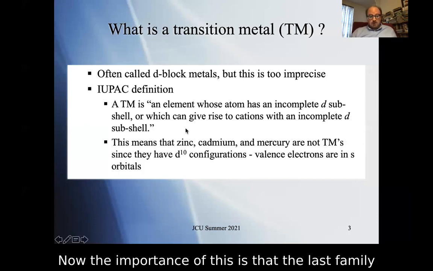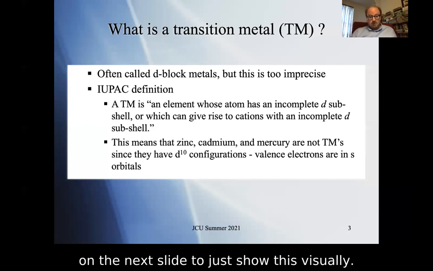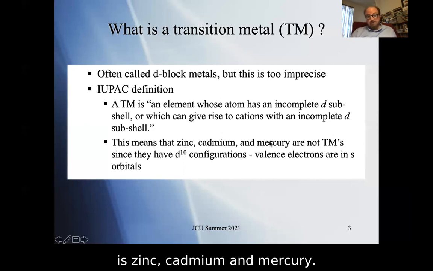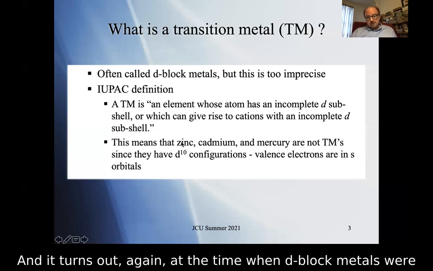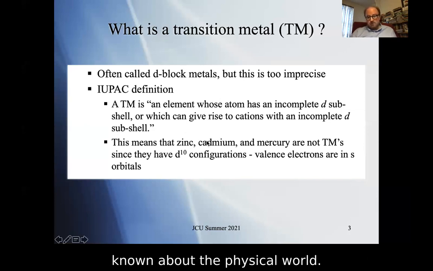Now, the importance of this is that the last family of the d block, and I have a periodic table on the next slide to show this visually, the last family, which is group 10 of the series, is zinc, cadmium, and mercury. And it turns out, at the time when d-block metals were thought to be transition metals, there was less known about the physical world.